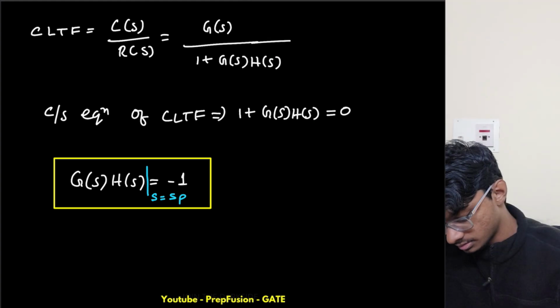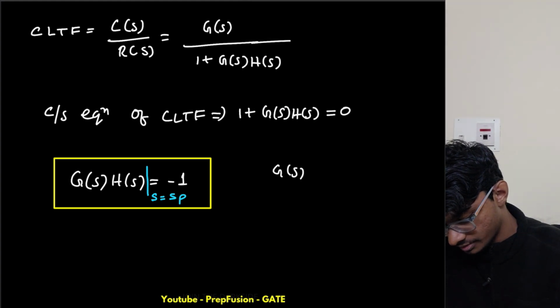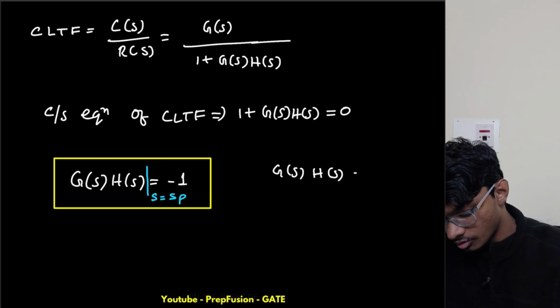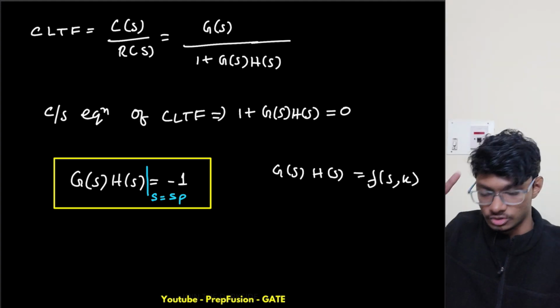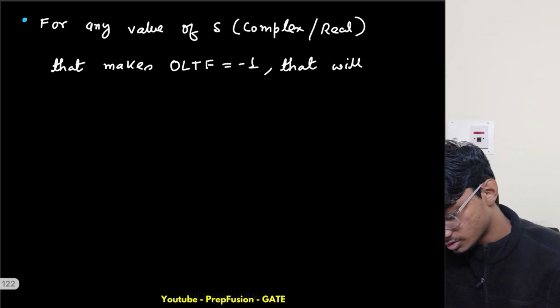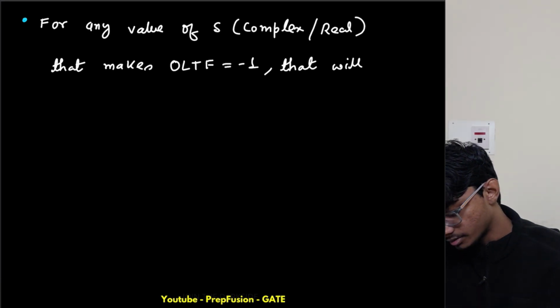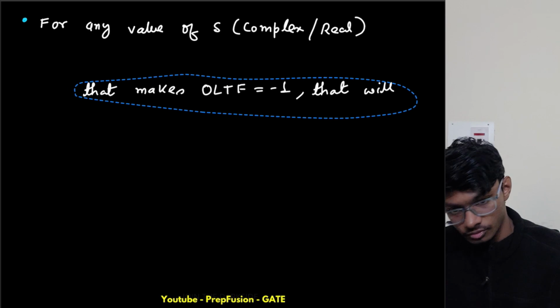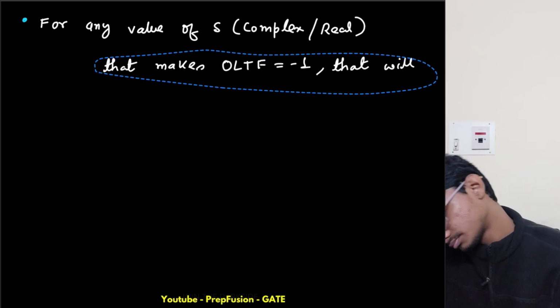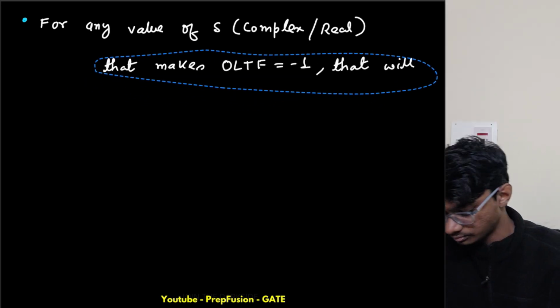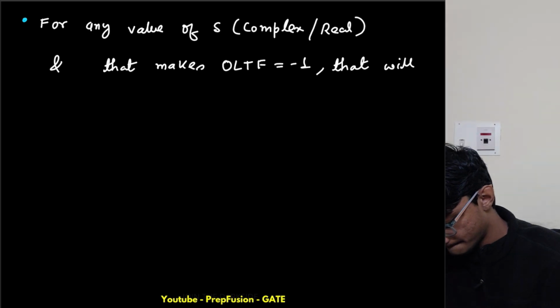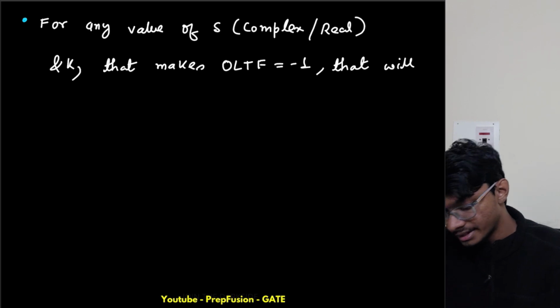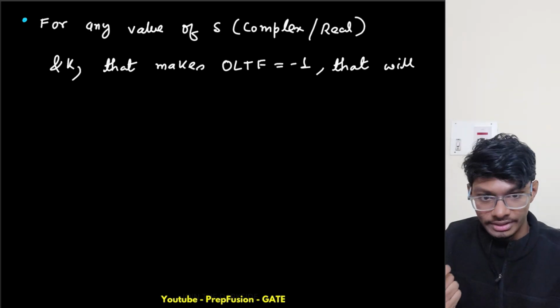So let me write here: G of S, H of S is obviously a function of S, and also of K, right? System parameter K is at the top. So any value of S, complex or real, and also K, that makes my OLTF equal to -1.